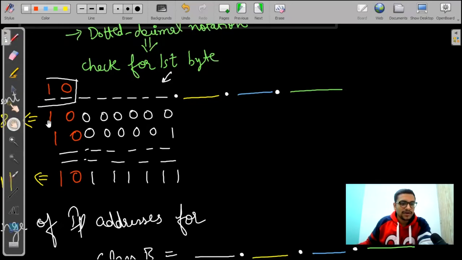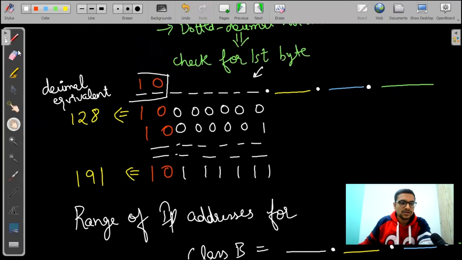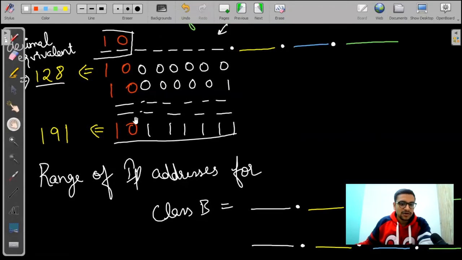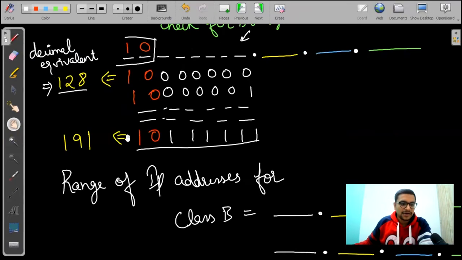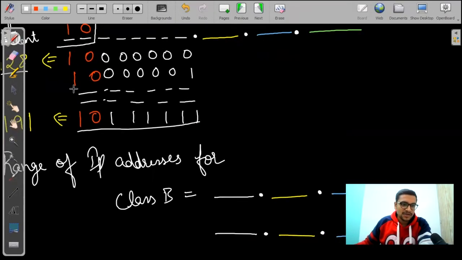So the range of IP addresses for this, the decimal equivalent of this binary number is 128, and for this binary number the decimal equivalent is 191. So if I talk about the range of IP addresses, in this case the first byte is restricted to 128 to 191 as per the class B rules. So it is from 128 to 191.